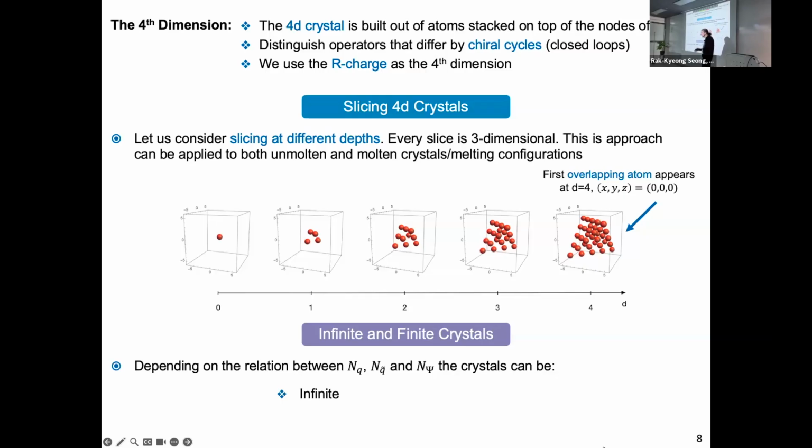You can have infinite crystals. You can have infinite but effectively lower dimensional crystals, like what you have with a D6 brane, in which it's infinite, but there's one dimension that is not being explored by the crystal, or you can have finite crystals.